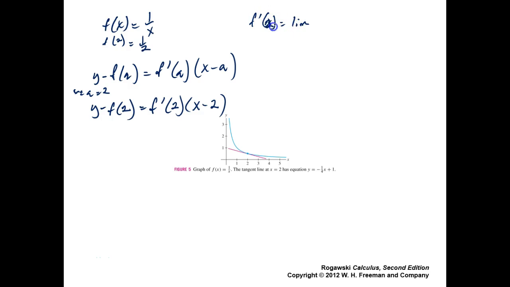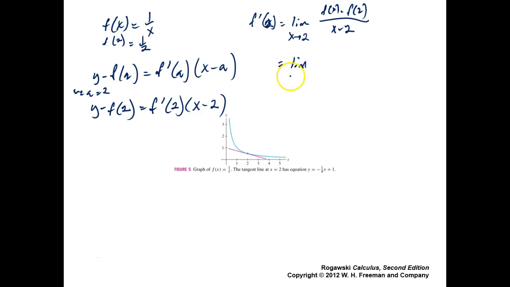That's the limit as x approaches 2 of f of x minus f of 2 over x minus 2. Okay. Now, I think we know just about everything we need.